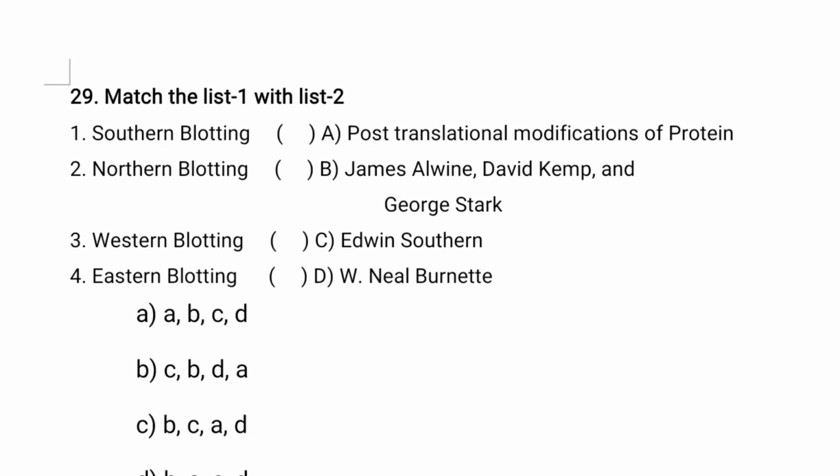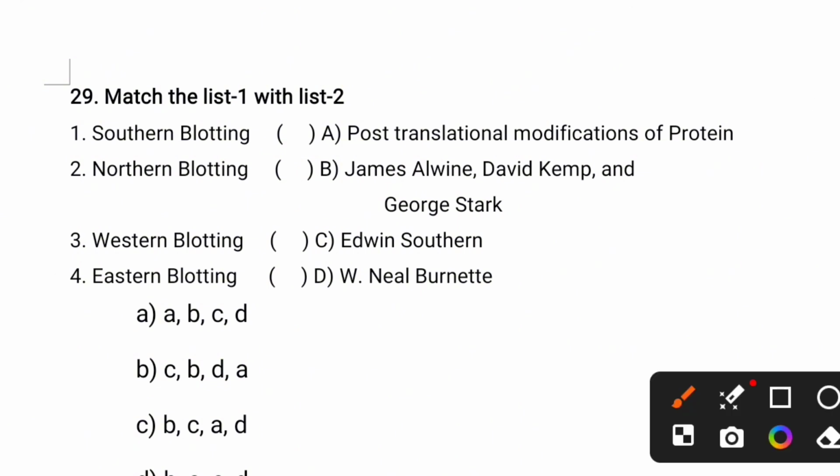Here also blotting techniques are given. You have to match correctly. Southern blotting was proposed by Edwin Southern. Let's see the next one. Northern blotting was given by the scientists James Alwine, David Kemp, and George Stark.